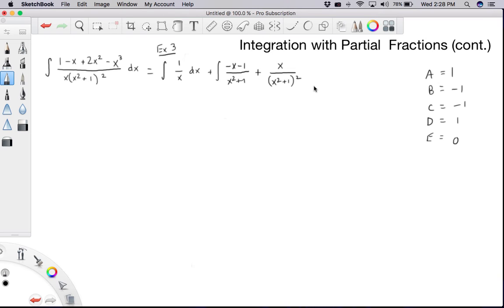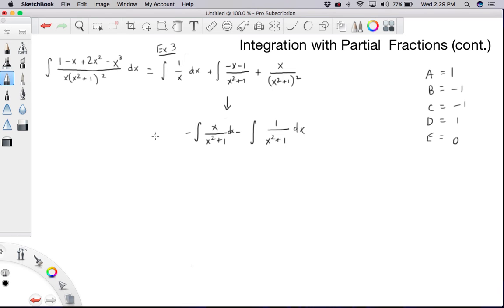Okay, now we're probably going to need to separate this middle piece into two pieces again. So this is going to turn into the negative integral of x over x squared plus 1, minus the integral of 1 over x squared plus 1.